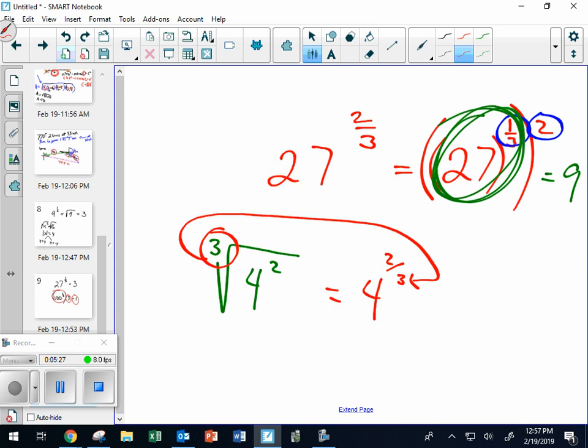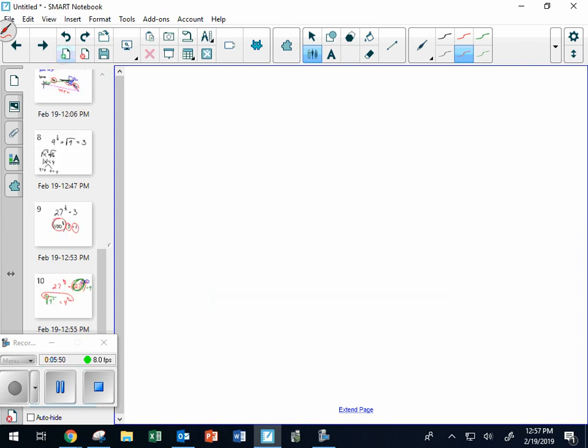The root goes on the bottom. All right, so then what's the answer? Well, I can't do the third root of 4 in my head. So I couldn't get the answer unless I used a calculator. We're not using calculators in tonight's homework. If we were, it'd be really easy. You just type in 4 to the power of 2/3, enter, and you wouldn't even know what it meant, but you could get a decimal answer. Okay, how about this one?